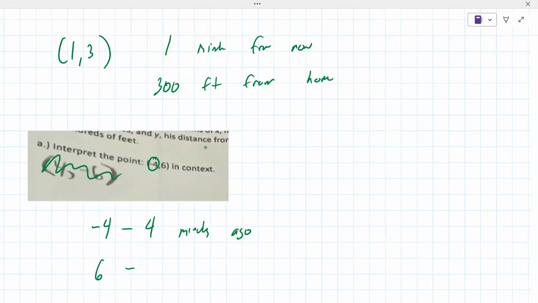What does the 6 mean? It's gonna be 600 feet from home. Yep.